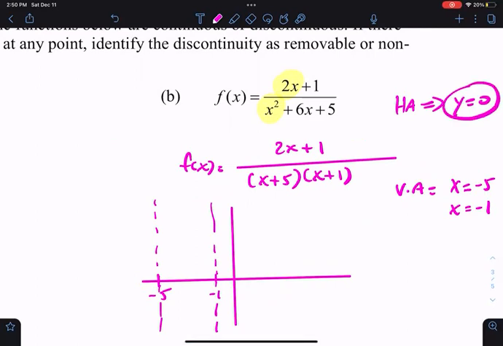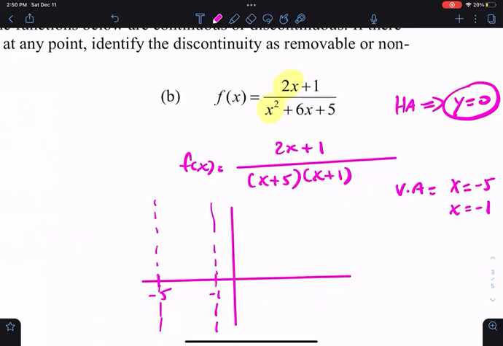That's a rule that you need to remember, or you can take the limit as x approaches infinity, and you will see that since this is a bottom heavy function, the denominator will increase faster. So you're going to get a smaller number over a bigger number, and you know when you have a smaller number over a bigger number, it goes to 0, right? So you can do that.